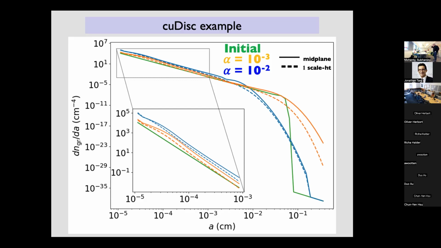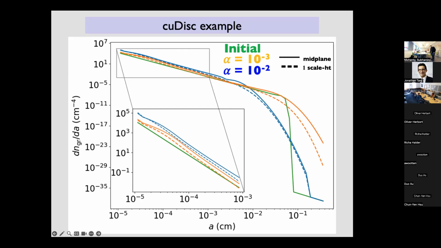And it's really interesting, right? So the first thing you see is that the orange curves, alpha of 10 to the minus 3, at the large end, okay? So along the x-axis over to the right, it gets a lot of large grains, because coagulation is happening and these grains are getting together to form larger grains.